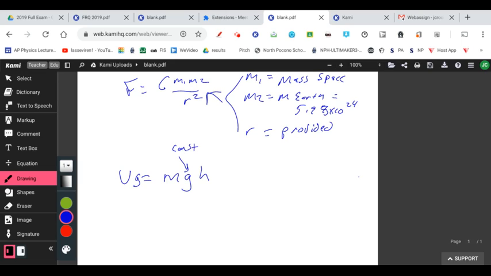The reality is, as you go up in altitude, gravity is dropping. So to take into account that gravity has changed drastically, we need to use the equation big G, mass of the Earth, the mass of the space station divided by R.